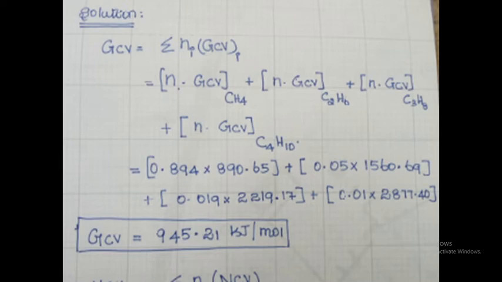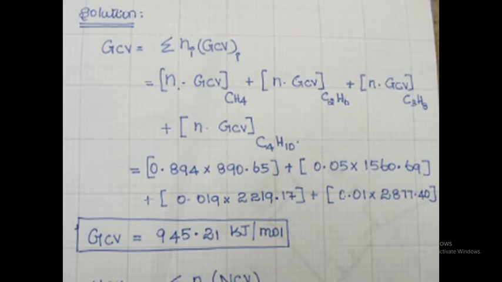Okay. So what components are given in our problem? CH4, C2H6, C3H8 and C4H10. GCV values and NCV values of these 4 components are given in our problem. We should take each component's GCV value to find the gross calorific value of the gaseous mixture.